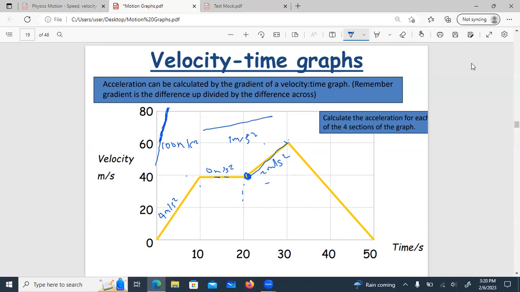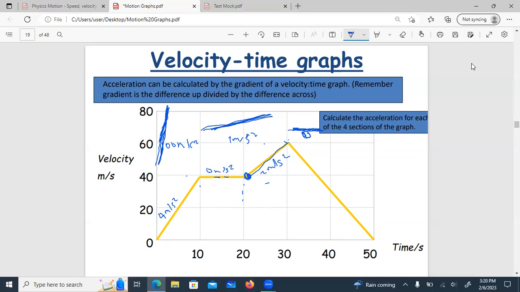And when acceleration is as low as 0, the slope will be flat. When acceleration is 0, the slope will be flat. When acceleration is low, the slope will be just slightly diagonal. But when acceleration is very high, the steepness of the slope will be very high, as if you are drawing a vertical line.